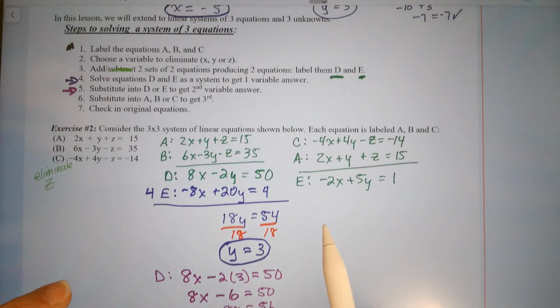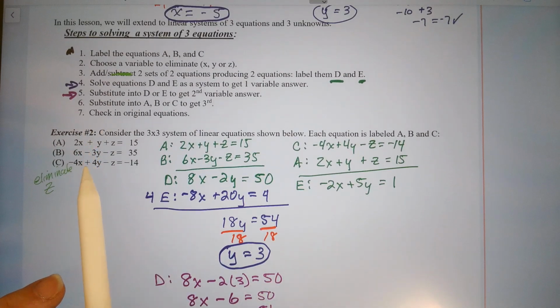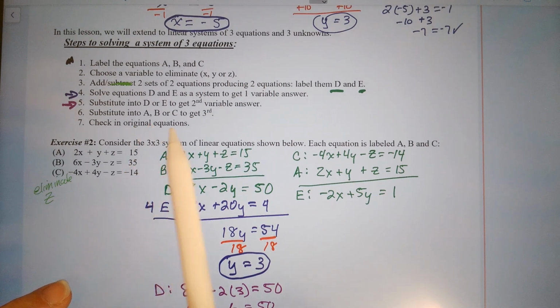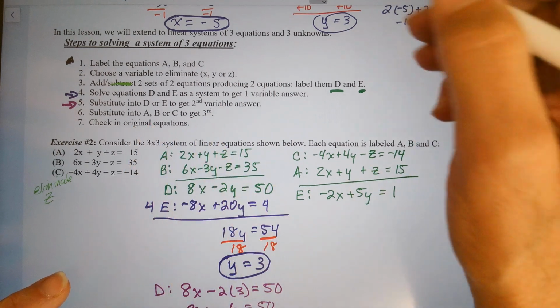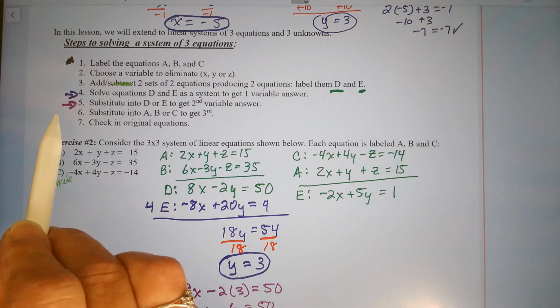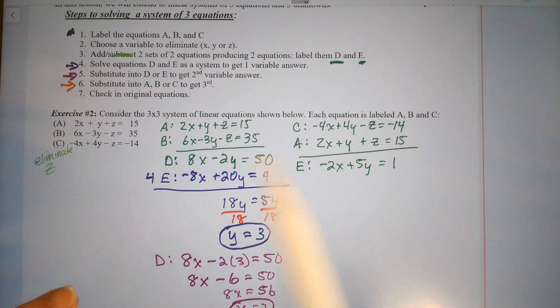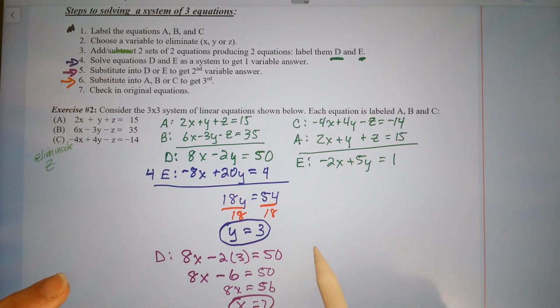Step 6, substitute back into one of the 3 original equations. We're substituting into A, B, or C to get the third. Okay. I'm going to A. A has 2x plus y plus z equals 15.